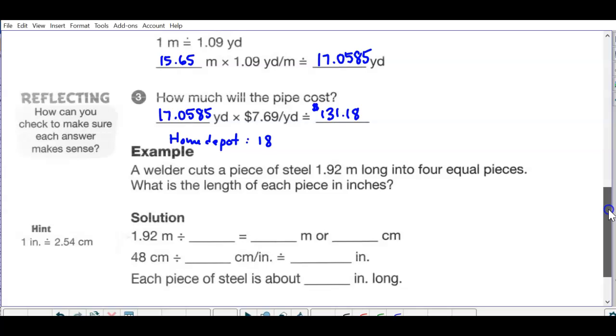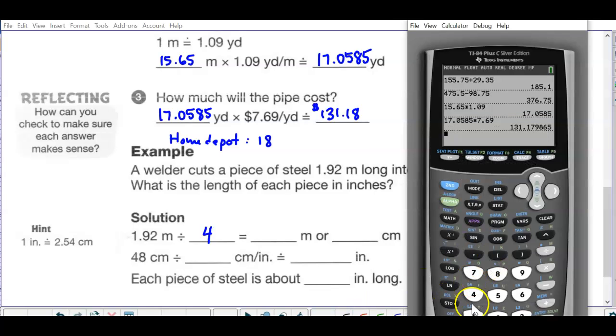What is the length of each piece in inches? So you can see in this solution, it's dividing that into 4 to start. What you could do is convert this to inches and then divide by 4. Doesn't really matter. So let's follow this. We'll divide our total measurement by 4 to get the length of one piece.